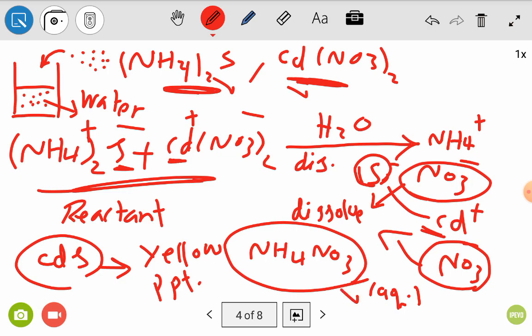It's not going to be deposited. But the cadmium sulfide is actually a yellow precipitate from cadmium and sulfur. We can say we get a physical indicator here, which is the yellow color from cadmium sulfide.